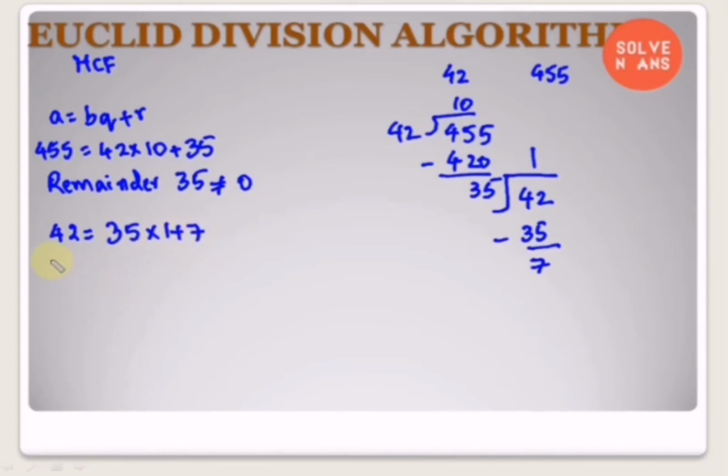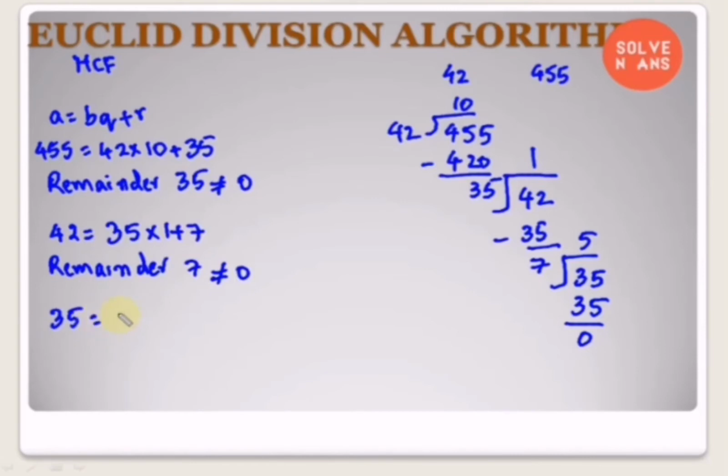Here the remainder is 7, which is not equal to 0. Continue dividing further. This 35 becomes the dividend, and now I get a remainder 0. So I will write it, 35 is 7 into 5 plus 0, and the remainder I got is 0.